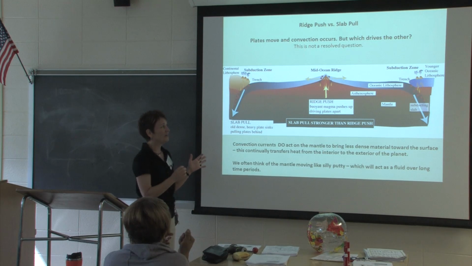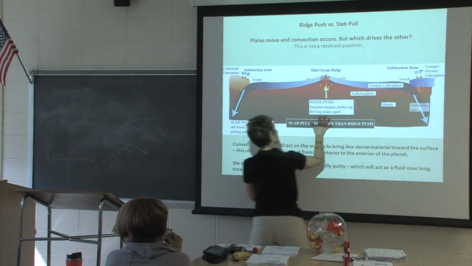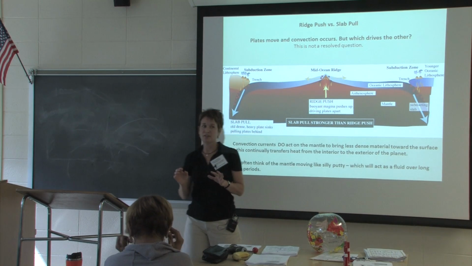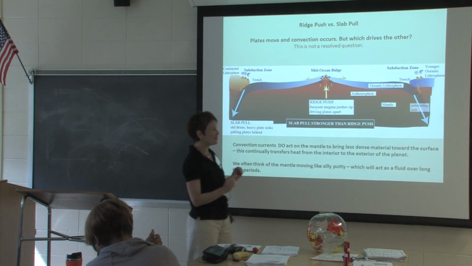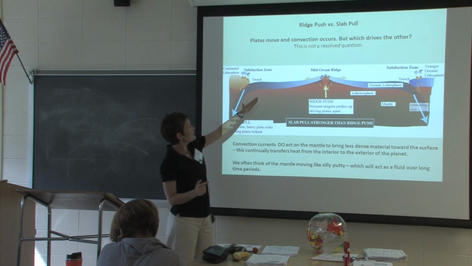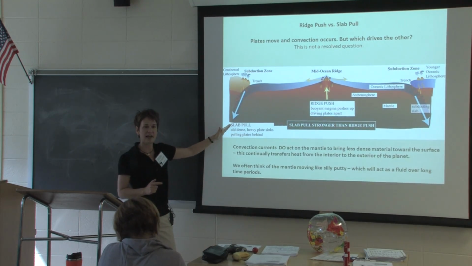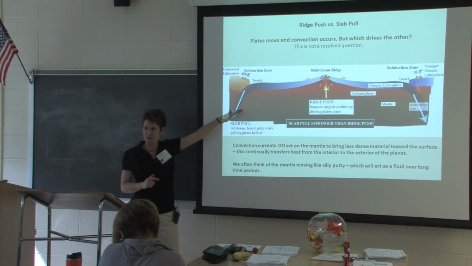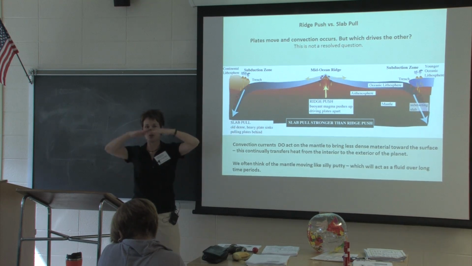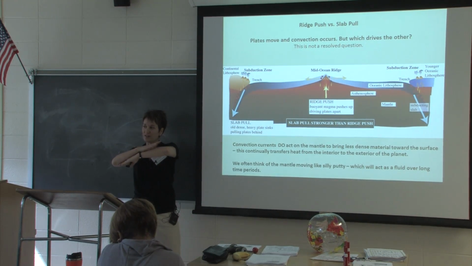Absolutely that is happening. Originally they thought that this was the driving mechanism. Now the more widely accepted driving mechanism is the gravitational pull of this slab as it's being subducted. Subduction is the process by which one plate slides underneath another plate.